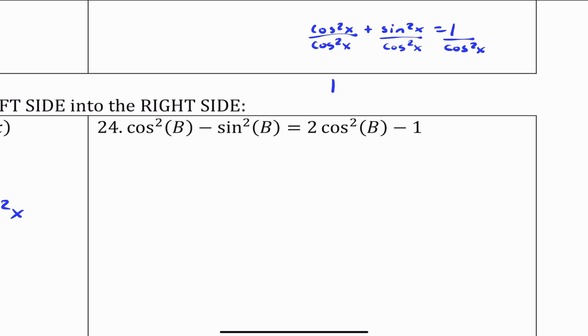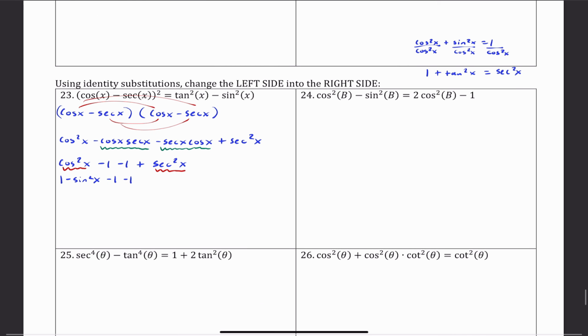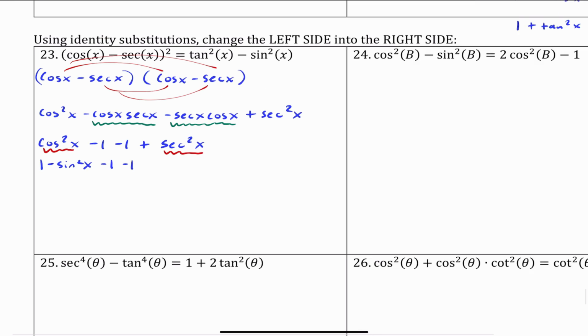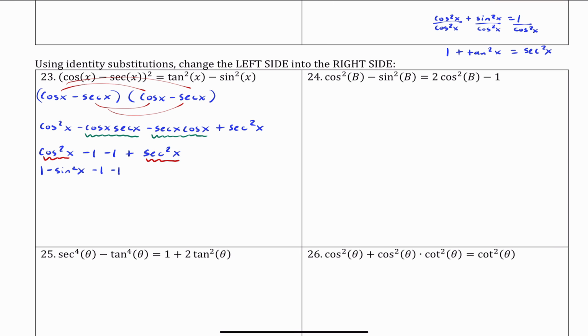Positive sine squared of x divided by cosine squared of x is tangent squared of x. And then 1 over cosine squared of x is secant squared of x. Well, what I'm trying to do is, since secant squared of x is equal to that, let's go ahead and replace secant squared of x with 1 plus tangent squared of x.